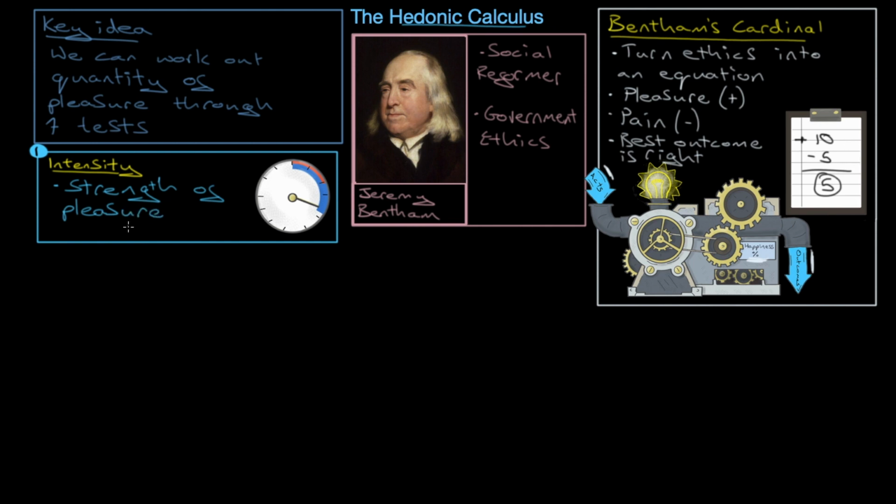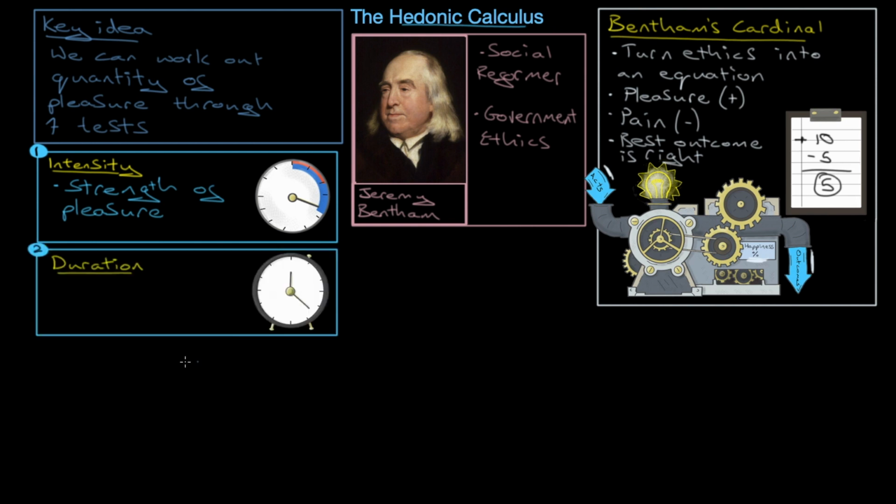So how strong is that pleasure? Now, as we'll discover later, Bentham doesn't believe in different kinds of pleasure, but different quantities, essentially. So the strength of the pleasure. The next is the duration. So the length of time it will go on for. So the length of time pleasure will happen.